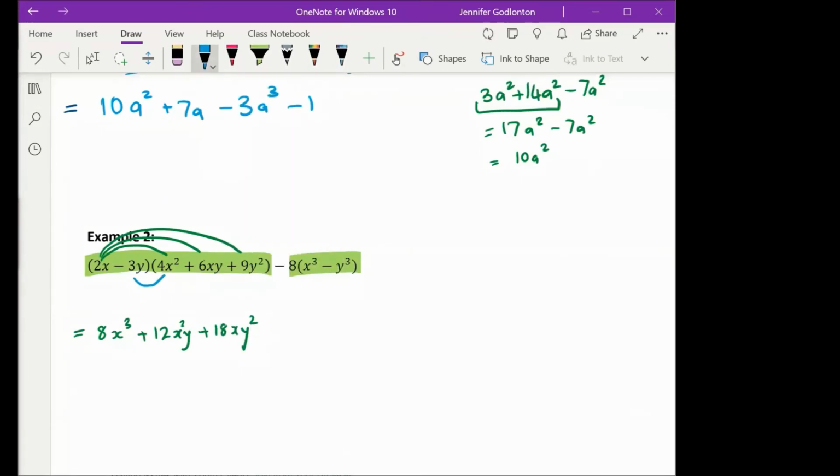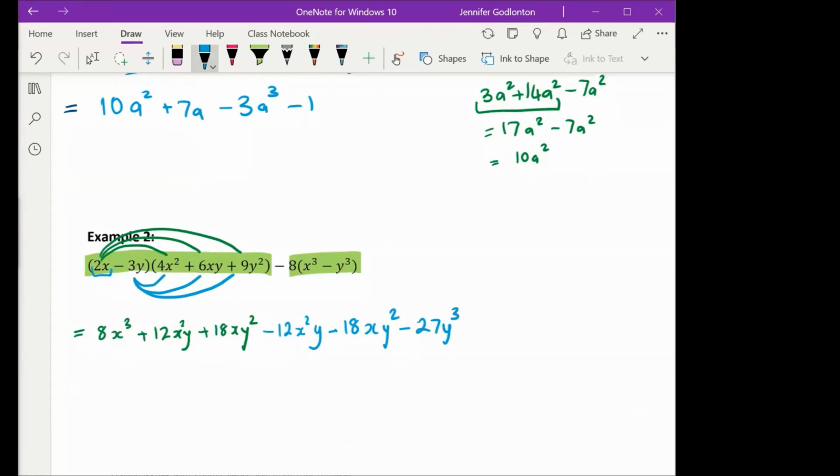It's a very common problem. Your brain just jumped straight back to that number, which is totally fine. So we're going to get negative 12x squared y, and then minus 18xy squared, and minus 27y cubed.